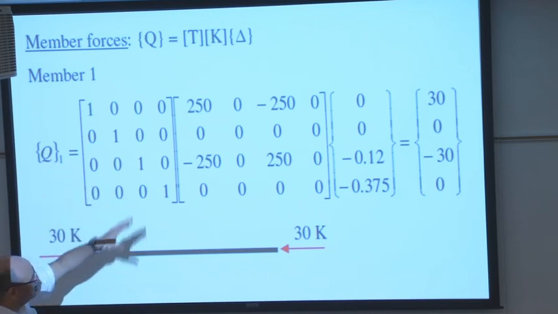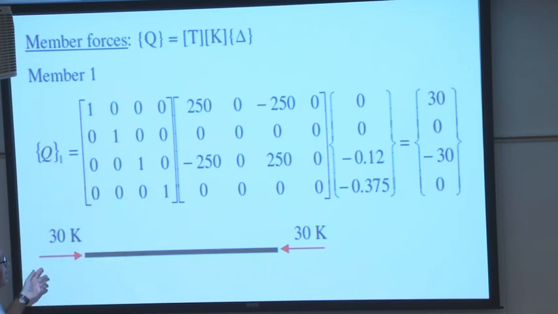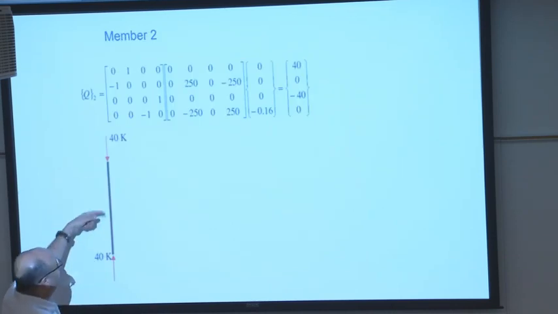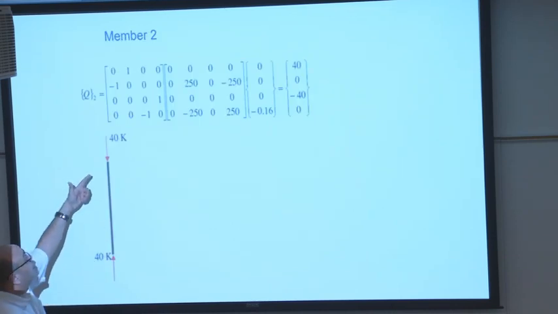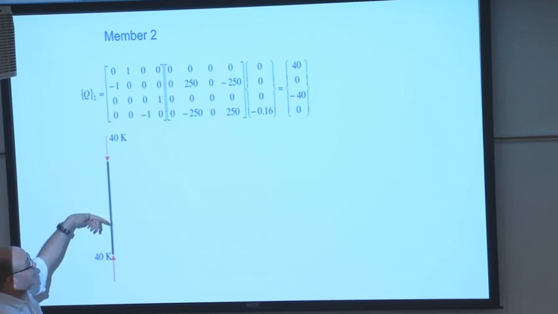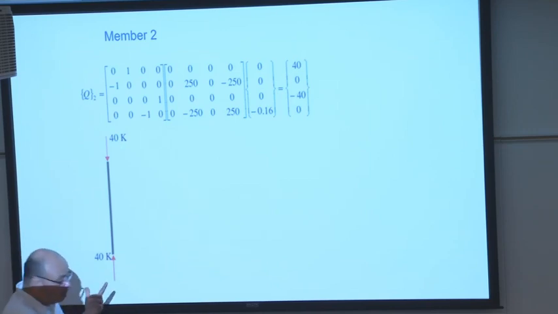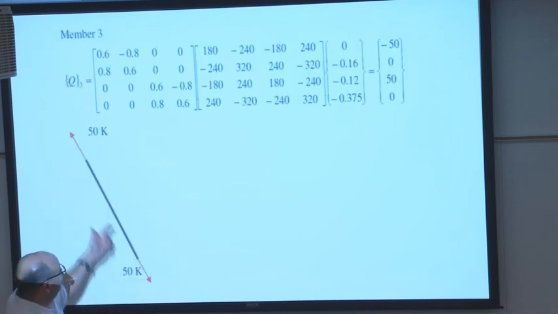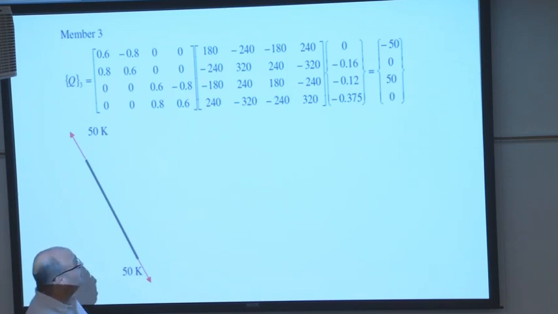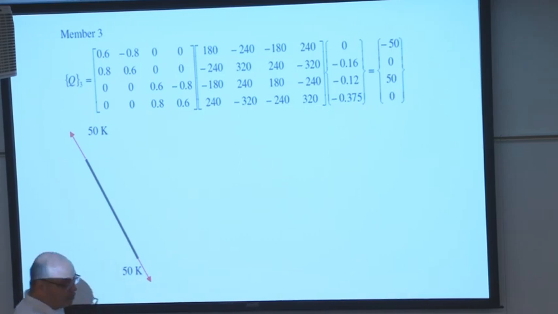This is the matrix that you're using for the forces, and it turned out to be negative 30 for this member. You repeat it for the vertical member, and you find out you have negative 40 for this member, using this method or any other method that I listed in my presentation. And for the third member right there, you ended up with a positive tension force, as you can see right there. So with that being said, you are done with this example, and you are able to find the forces in the members.